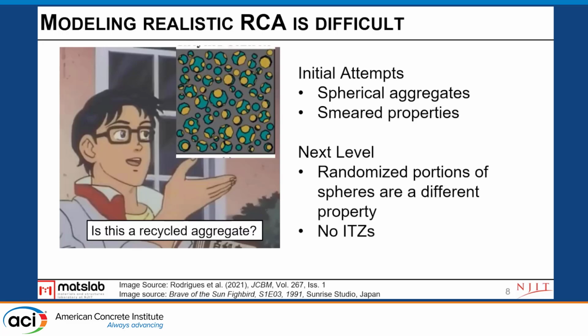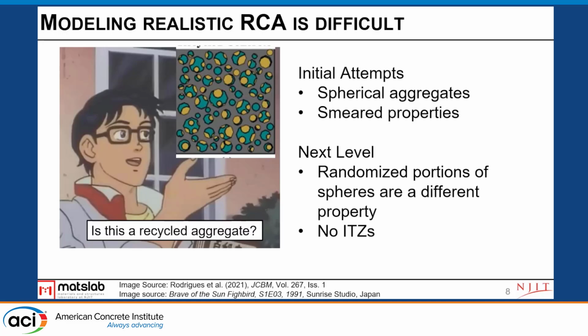We've seen attempts in literature to then make portions of those spherical aggregates a slightly different property so that you can start to consider the adhered mortar properties versus the natural aggregate properties, but we're still not looking at a realistic distribution of aggregates, realistic aggregate shapes.